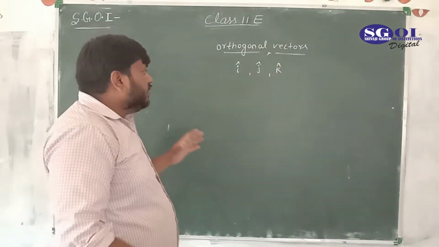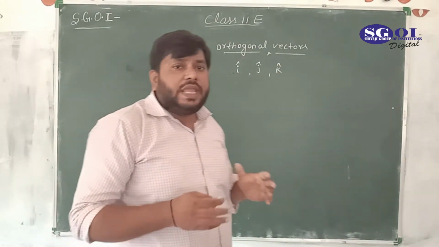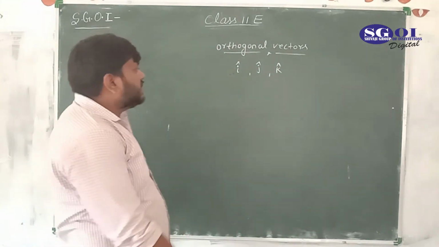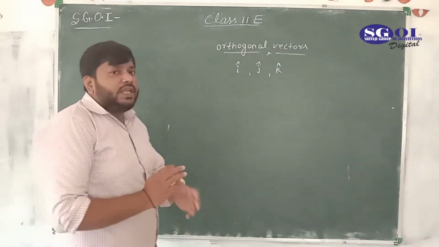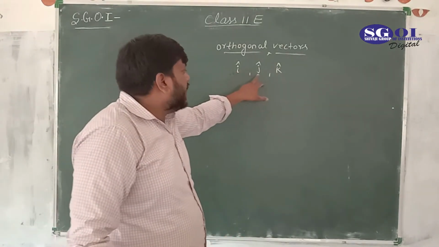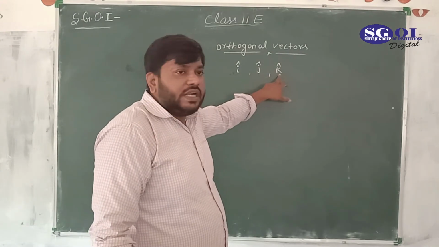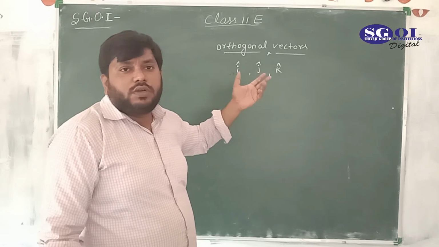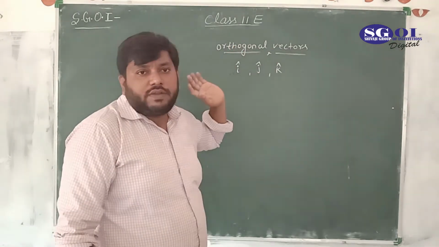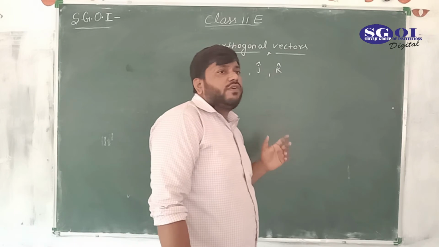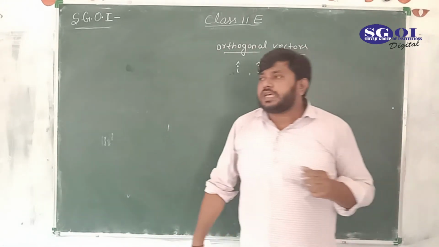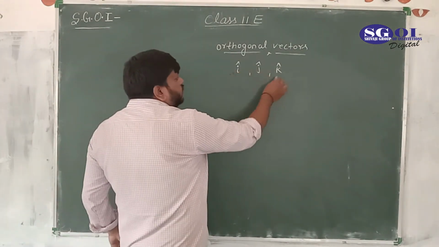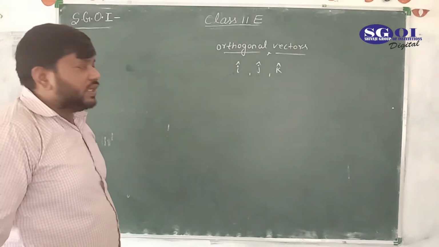You know that the angle between them is 90 degrees. The angle between i and j is 90, between j and k is 90, between k and i is also 90. So these are mutually perpendicular to each other, and we can say they are orthogonal vectors. Two vectors are called orthogonal if the angle between them is 90 degrees.